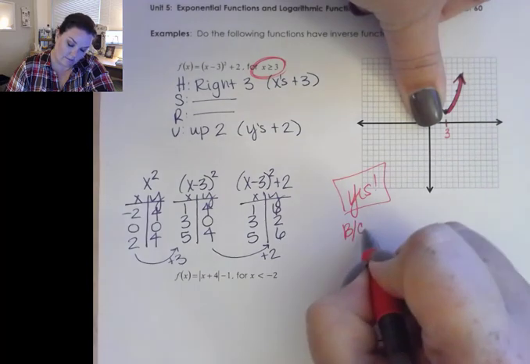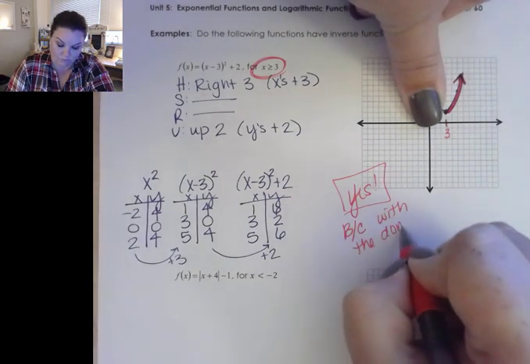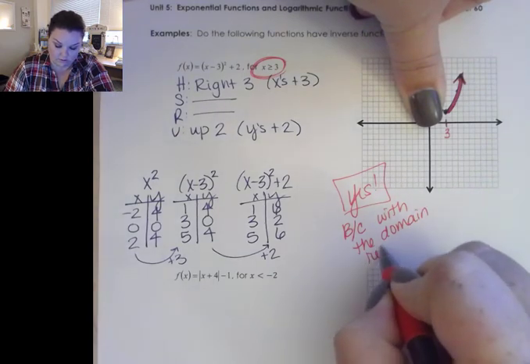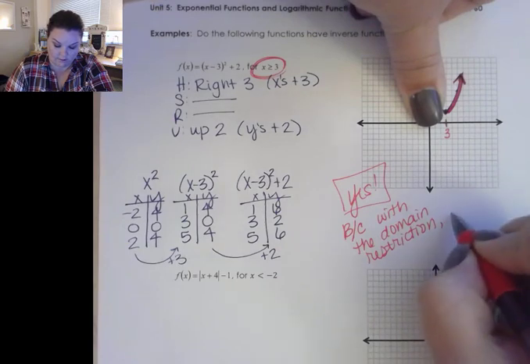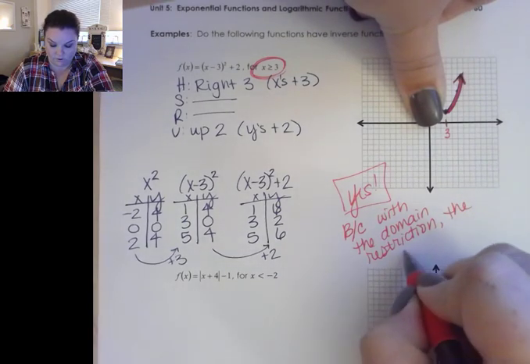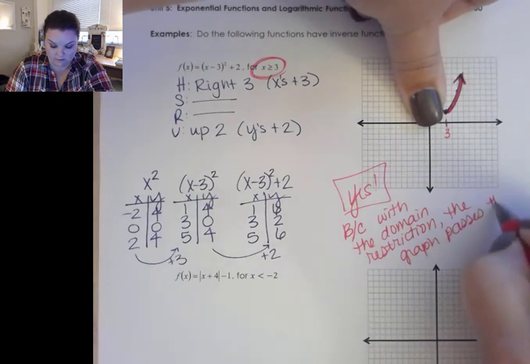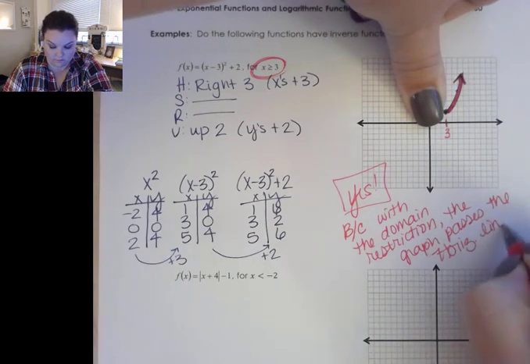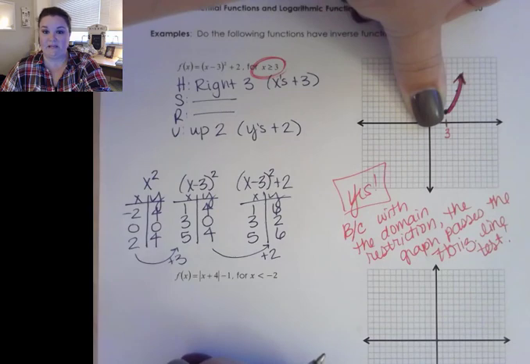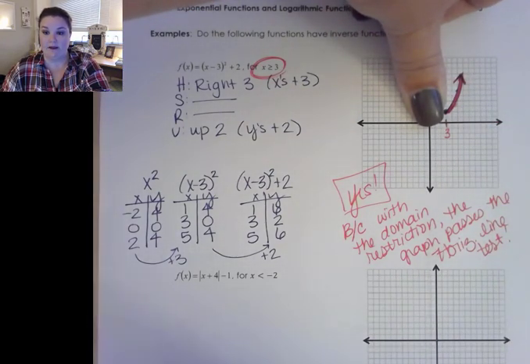And I'm just going to say because with the domain restriction, the graph passes the horizontal line test. Okay, so it has an inverse because with that little restriction, this little piece that we're talking about passes the horizontal line test.